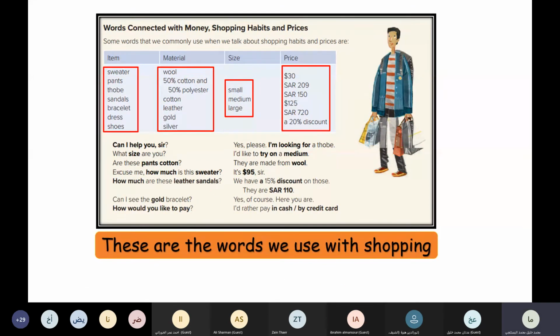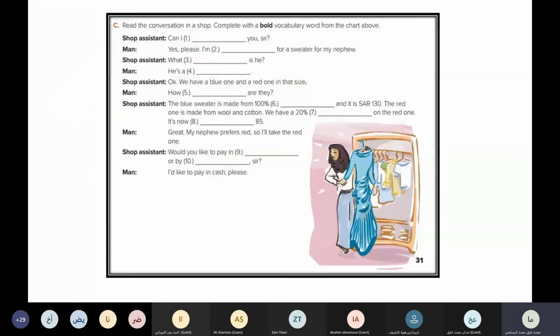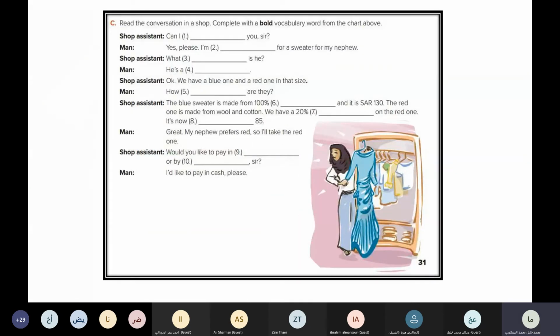These are the words that we use with shopping. Okay, now let's move to exercise C. We are going to read the conversation, then complete it with the bold vocabulary from the previous exercise above. I think it is easy for you to complete these sentences.